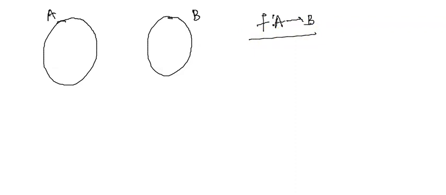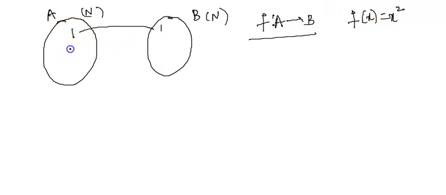Suppose this is the set of natural numbers and this is also the set of natural numbers, and f(x) = x². This is a function. So the image of 1 is 1, the image of 2 is 4, the image of 3 is 9 and so on. The image of any element of A is defined in B, because the square of any natural number is a natural number, so this is a function.